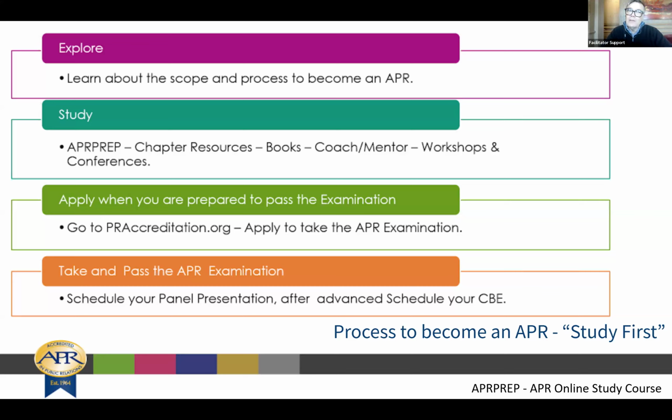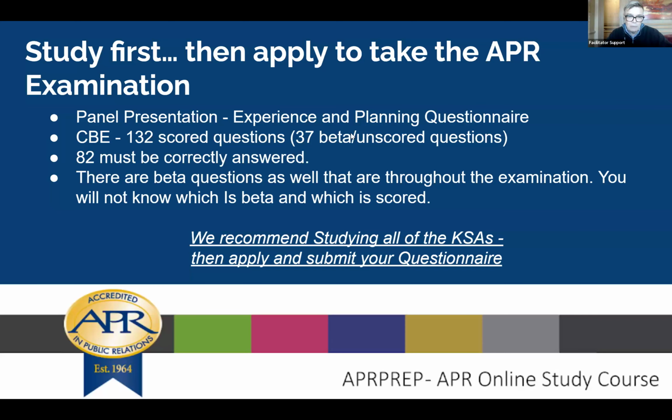One of the reasons for that is that frequently family or work responsibilities get in the way, and it makes it impossible to really apply yourself to that study process. And then there's a clock, and Kathy will talk about that, that goes out. So it's better for you to go ahead and prepare when you feel confident. That's when you apply for the APR examination, and then you can step by step take the APR examination. So remember, study first.